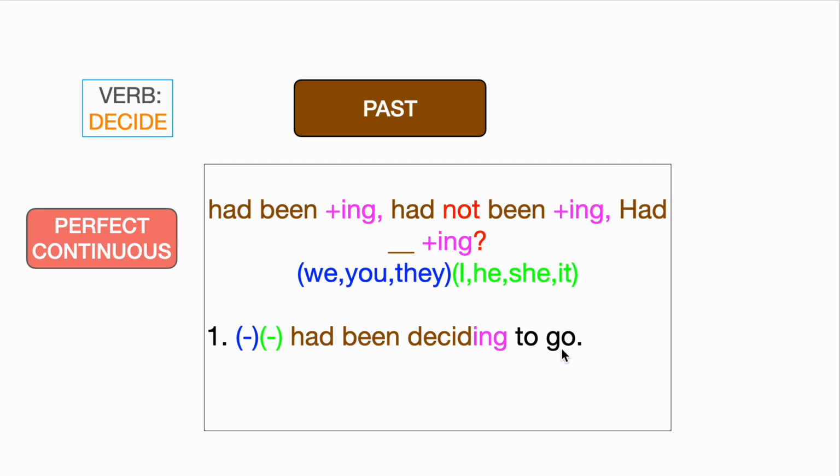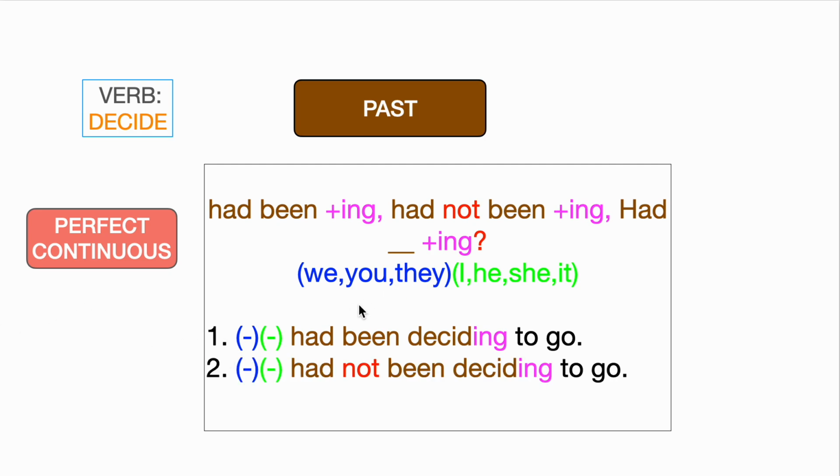Maybe all day yesterday we had been deciding. Or they had not been deciding. Or she had not been deciding to go. Now the question, had comes first. Had we been deciding to go? Had she been deciding to go?